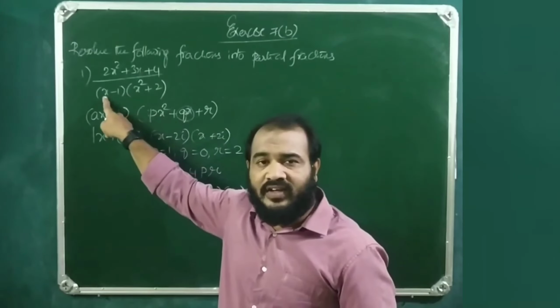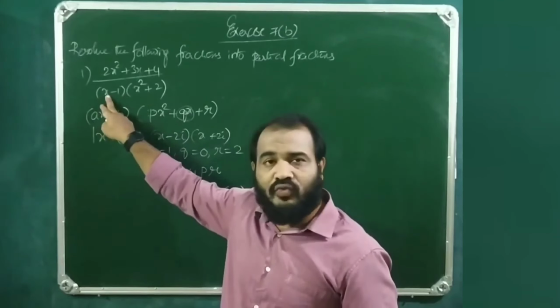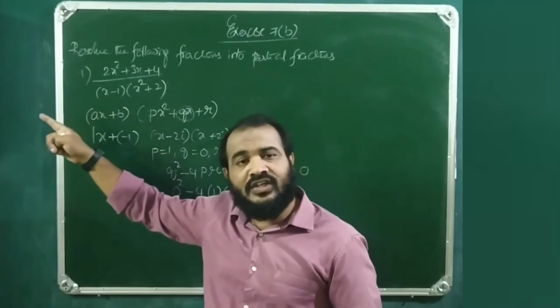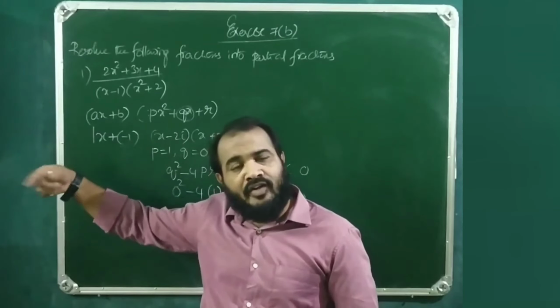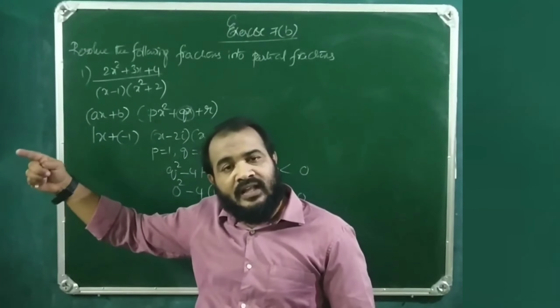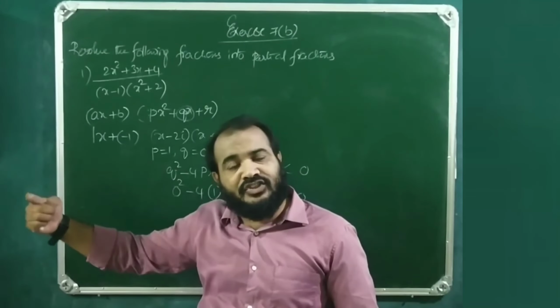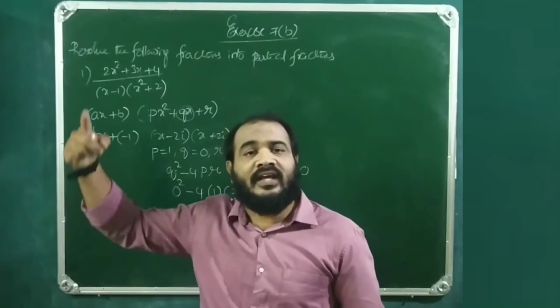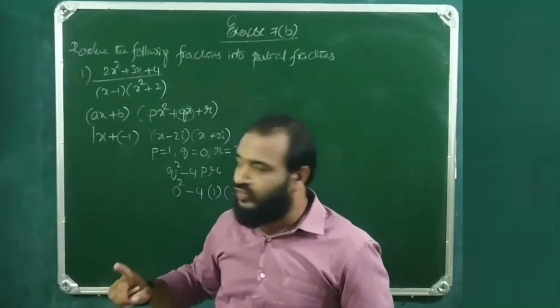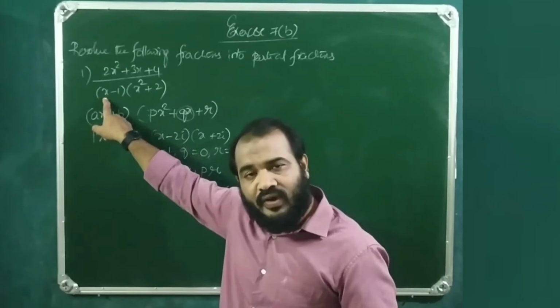As far as type 1 is concerned, so A by x minus 1. To each non-repeated linear factor of ax plus b, there will be a partial fraction of the form capital A by ax plus b. So this is capital A by x minus 1.